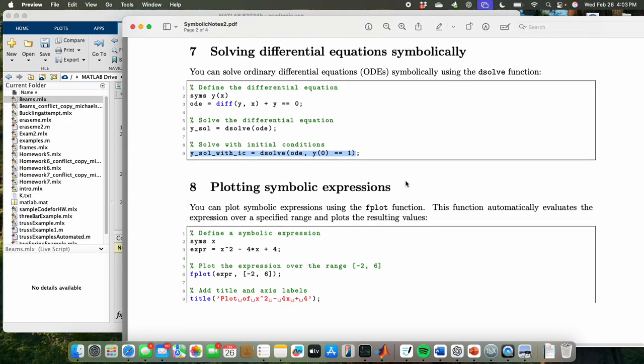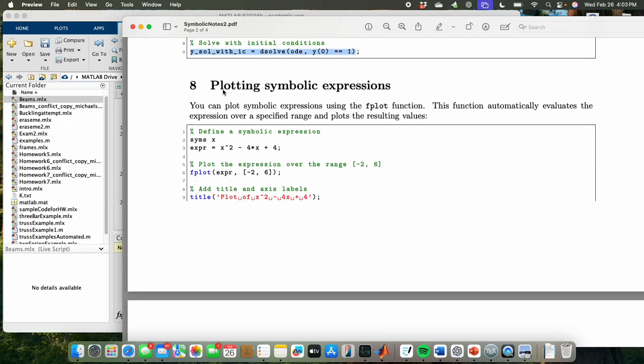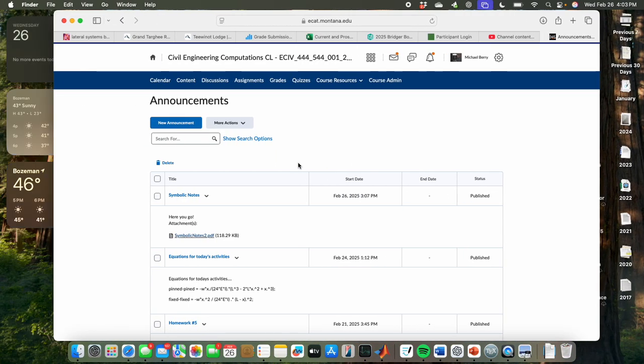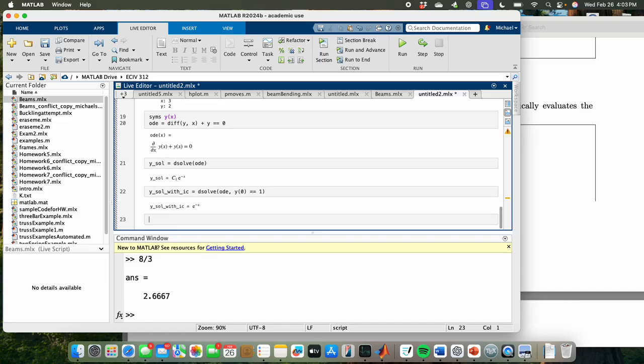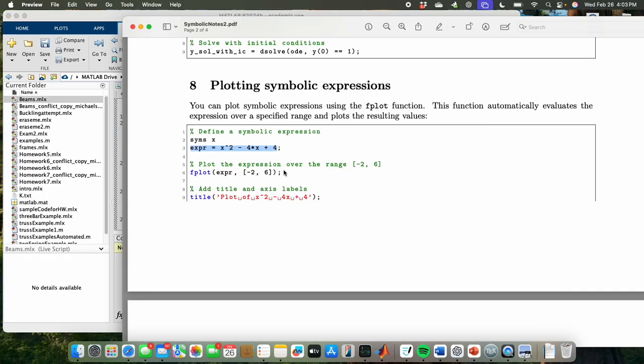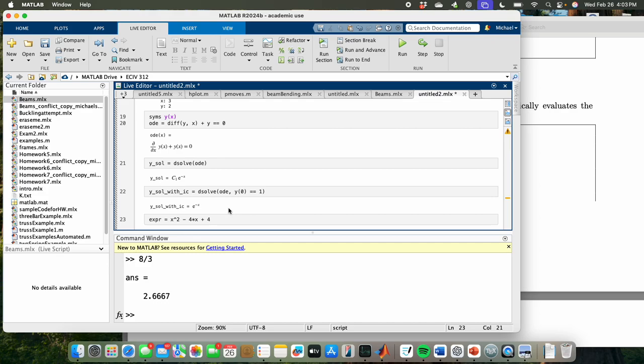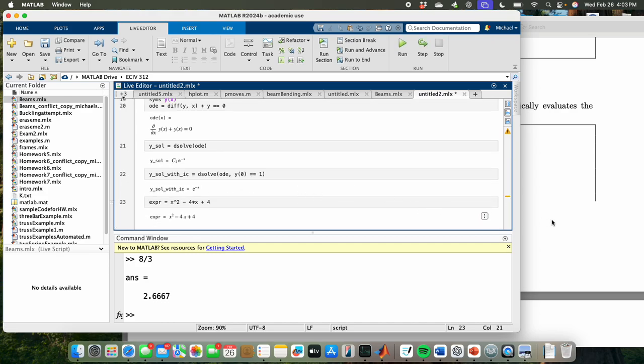Okay. And then to plot your symbolic expression, right, we could do this one. It's an fplot command. And it's really similar to the plot command, except now you give it the expression. I've defined sim. Sim's is already defined. Right, x squared plus 4x is 4.